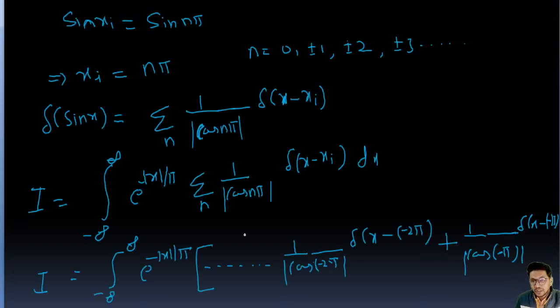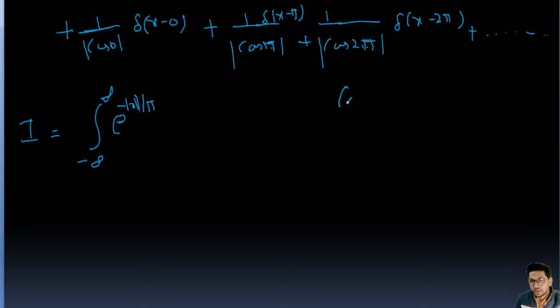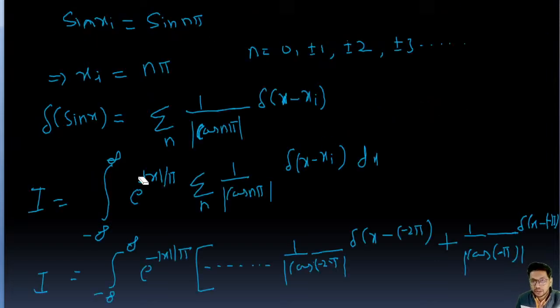And these values, always, cos of minus theta is cos theta, right? So cos minus 2 pi is cos 2 pi. We know this from trigonometry, so it is going to be the same.